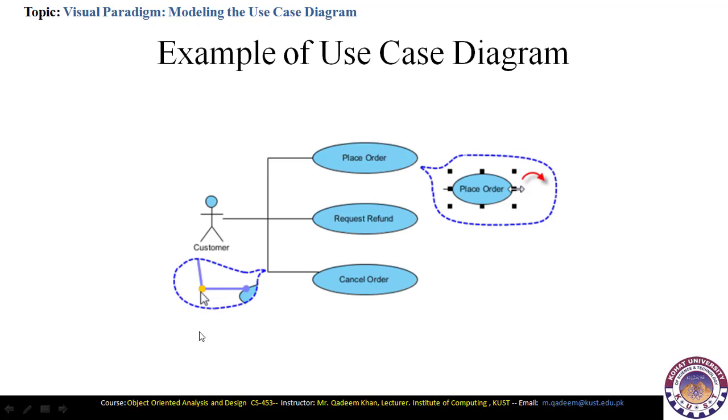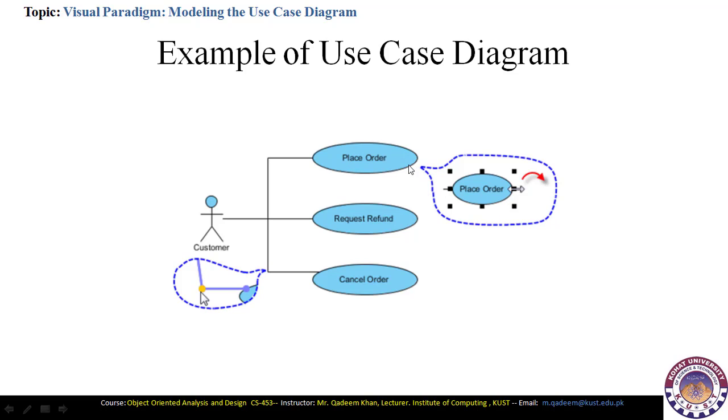Now this is the example of the use case diagram. Here it is the customer actor. The customer actor is connected with the use cases like place order, request refund, and cancel order. These use cases may be resized.